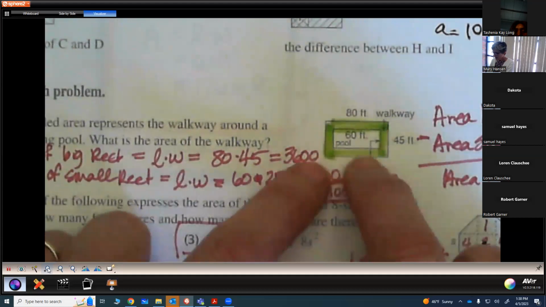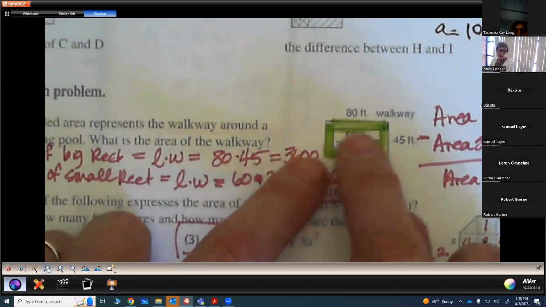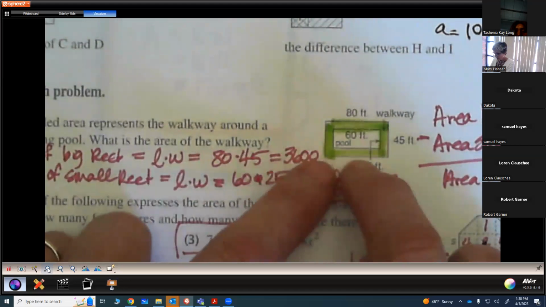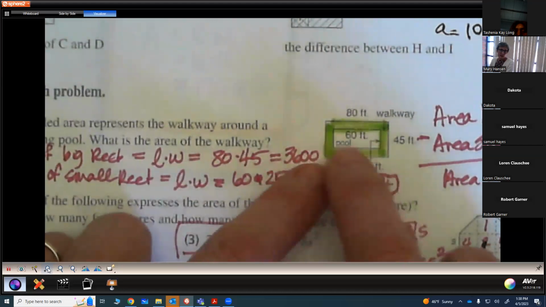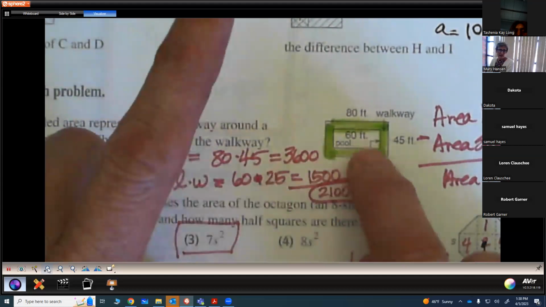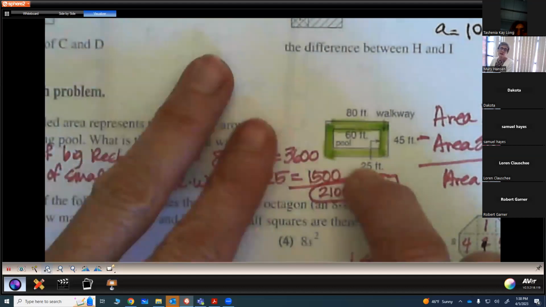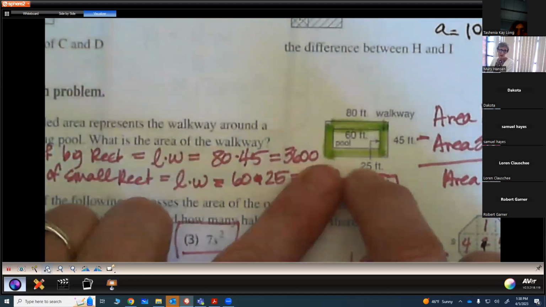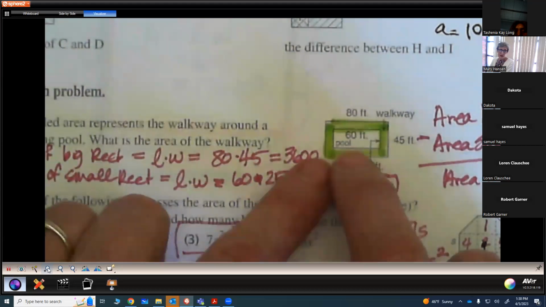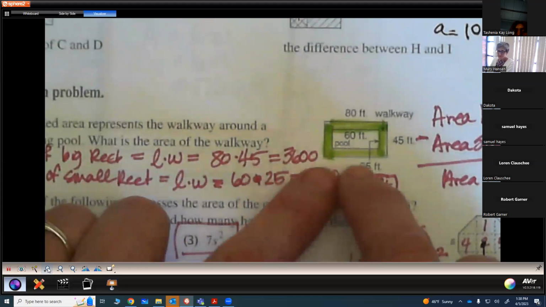Or you can take the entire rectangle and subtract out the pool. It'd be a whole lot easier to do the entire rectangle. That's one calculation. Calculate the area of the pool on the inside, that's a second calculation, and subtract them. Versus if you do 4 rectangles and add them, you've got 4 calculations before you add them all together. So either way will work.